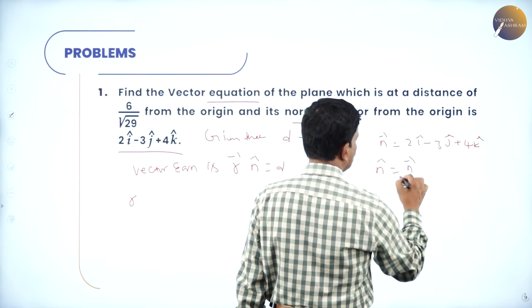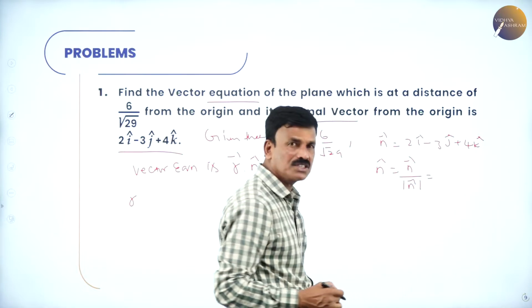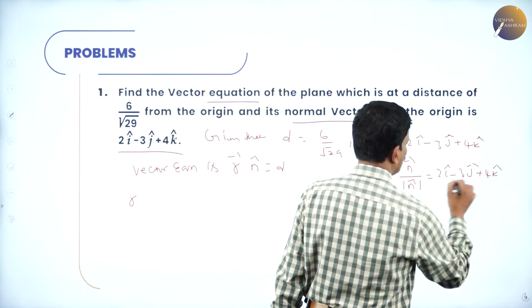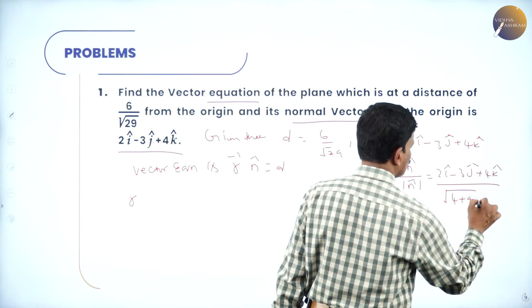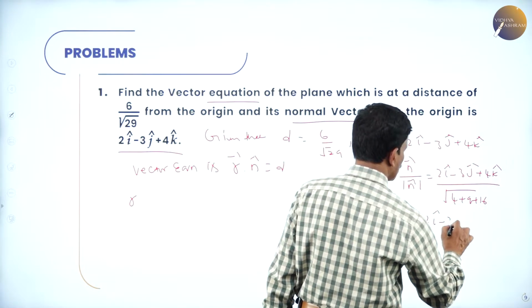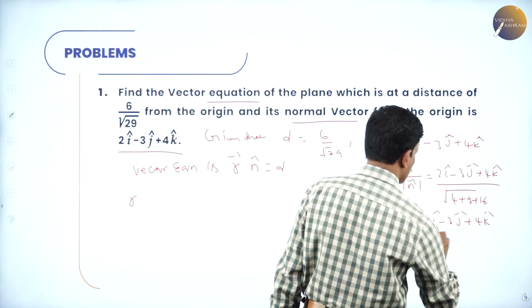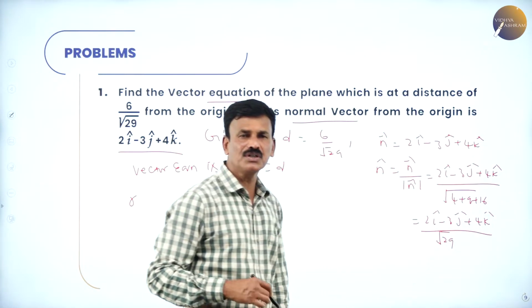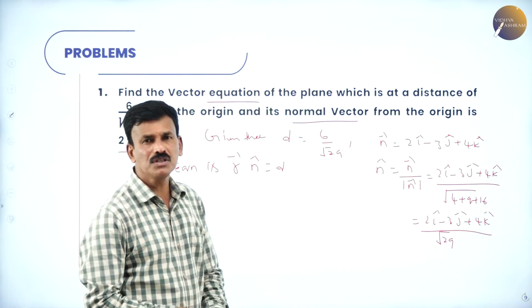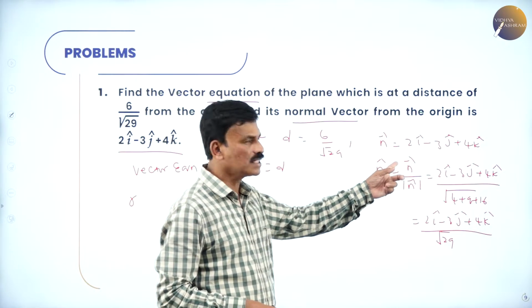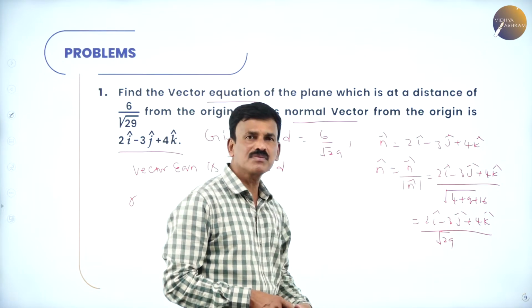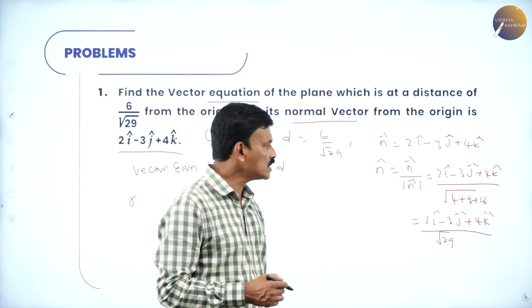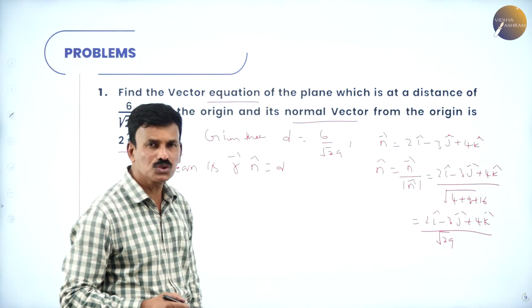Vector n divided by its own length will give the unit vector along n. The unit vector n cap along vector n is given by vector n divided by its own length: 2i minus 3j plus 4k divided by the square root of 4 plus 9 plus 16, that is root 29.